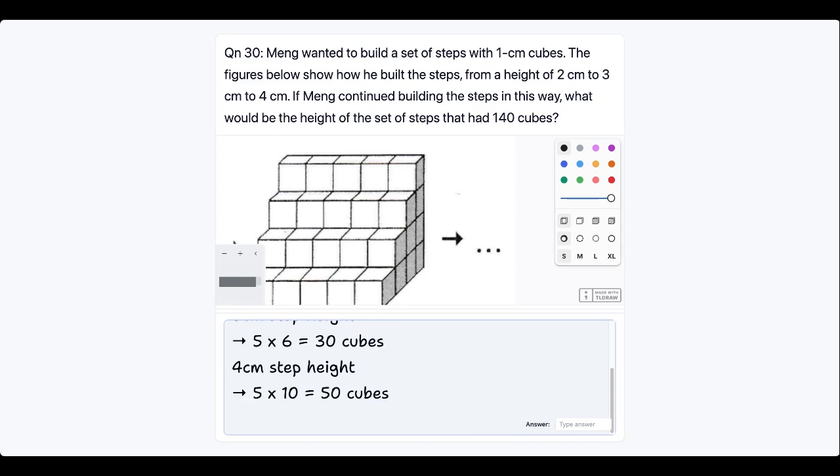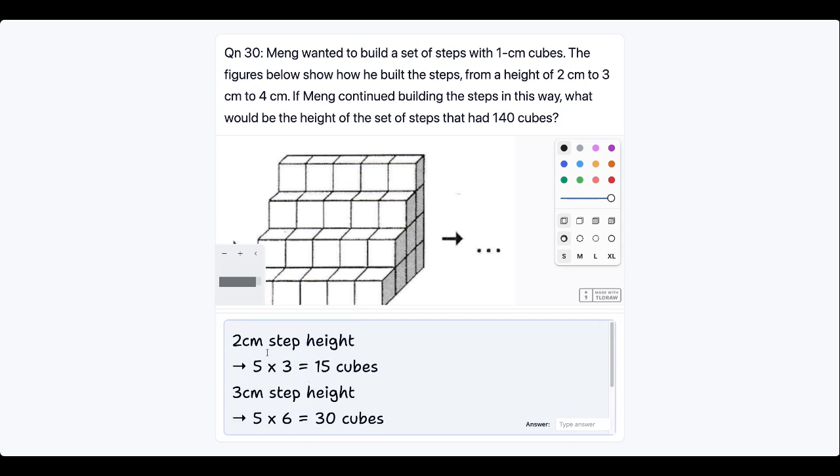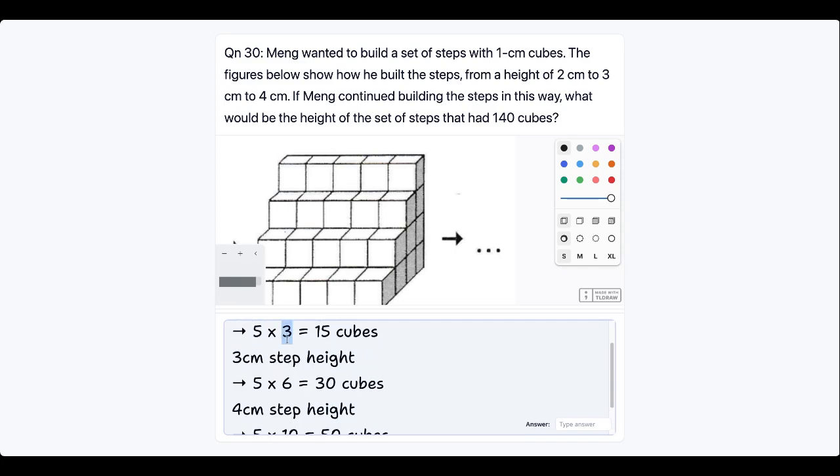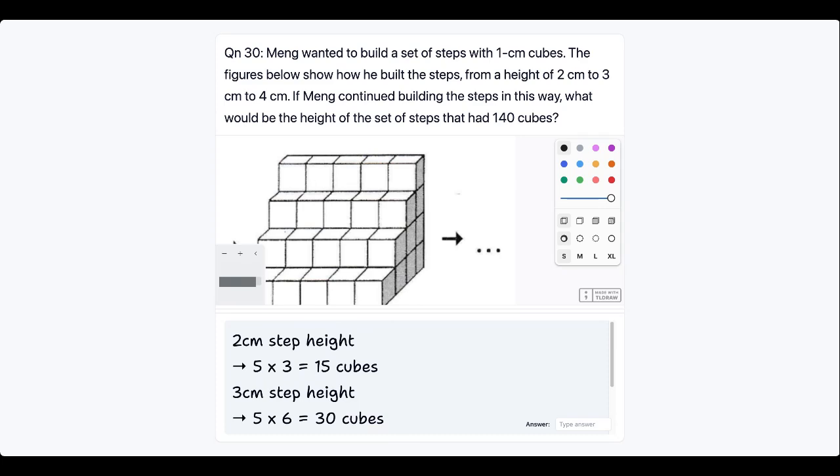Okay, right. So we know there is a constant, right? That it's always 5. There's 5 in a row. Okay, and then we also have 15 cubes. So we know the number of cubes. We also know that there is 5. So we also know the number of rows of the cubes as well in this case.